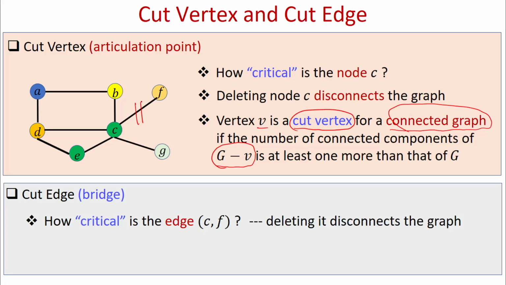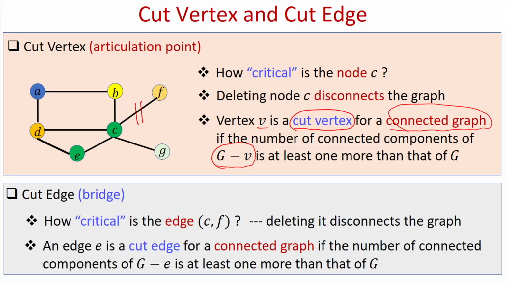That gives me the definition of a cut edge. I will say an edge is a cut edge for a connected graph if deleting that edge disconnects the graph, which is equivalent to saying that the number of connected components of the graph obtained after removing the edge E is at least one more than the number of connected components of G.